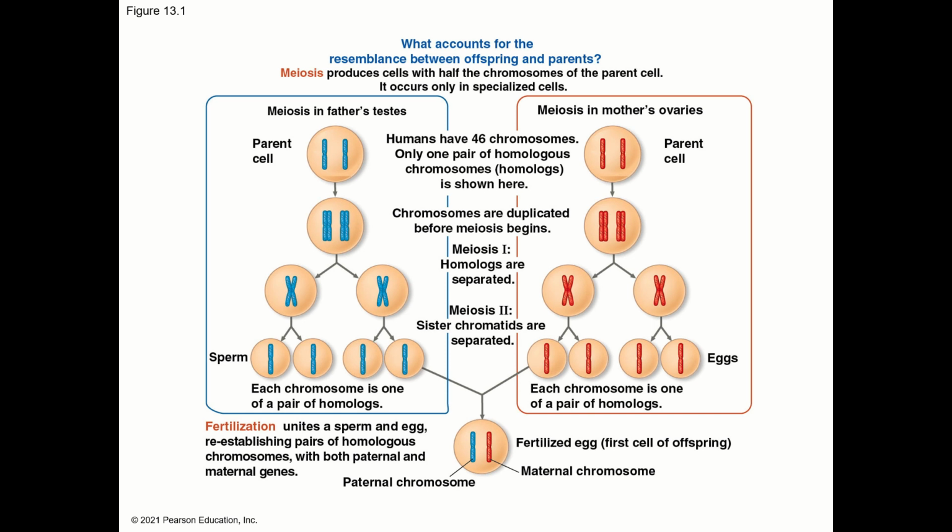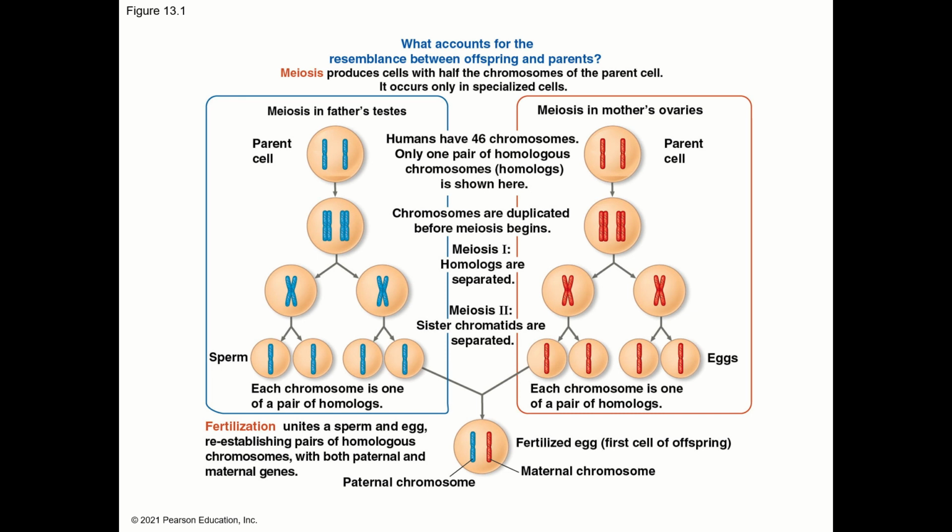During Meiosis I, homologs are separated so that you have two daughter cells. And then during Meiosis II, sister chromatids are separated as well, so that starting parent cell eventually leads to 4 cells, which in the case of the father, that'd be 4 sperm cells.